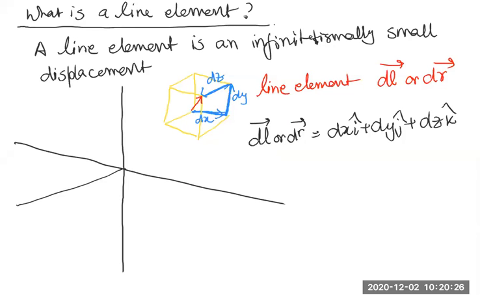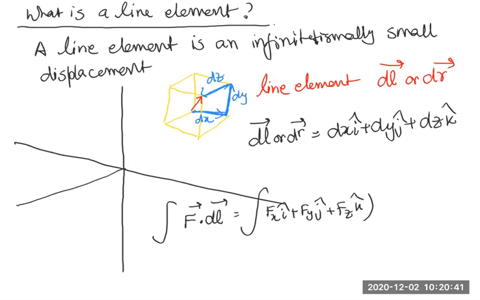the line integral f dot dl can actually be written as fx i cap plus fy j cap plus fz k cap dot dl. But dl can be written as dx i cap plus dy j cap plus dz k cap. And you know how to carry out the dot product? याद है किसी को? ये dot product carry out करेंगे तो क्या होगा?